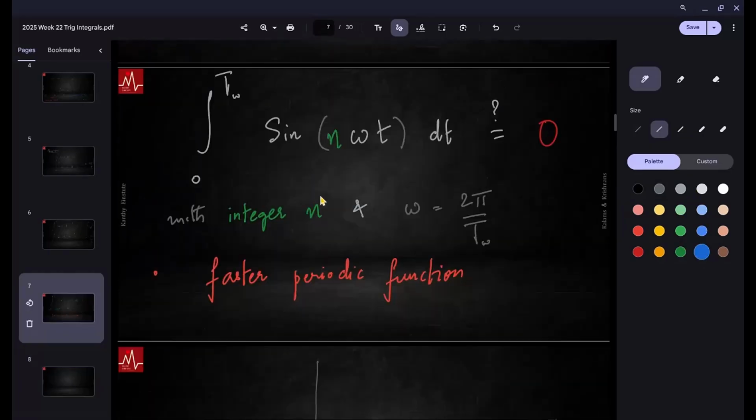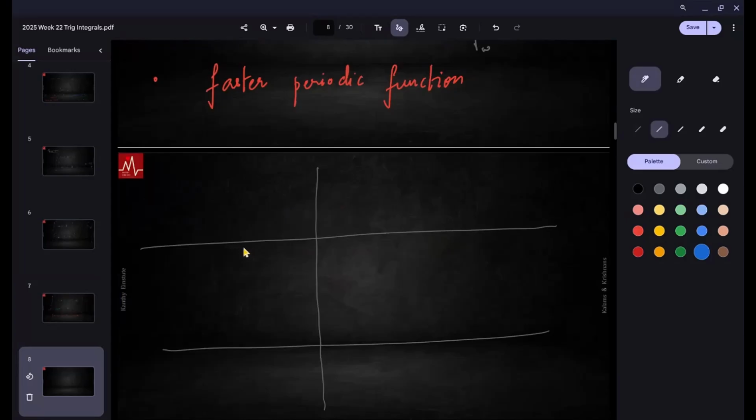We're talking about sine, right? This function is sine omega t. What would sine 2n omega t look like?